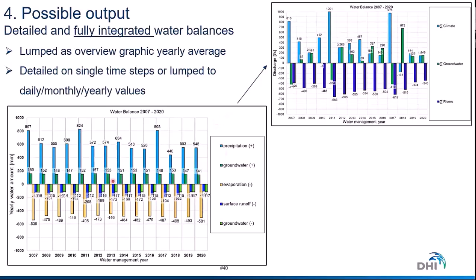You can make them more detailed for each single item, or lump them together to get a feeling for the overall balances, like here summed up to climate, groundwater and rivers, and get really detailed insights into how your catchment is working in reality.